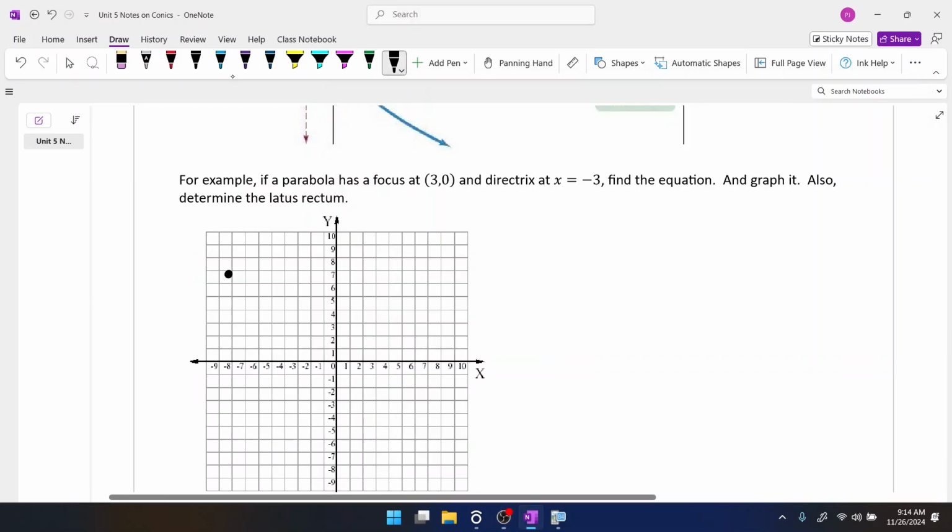Plot the focus, which is going to be at (3, 0), and you're going to have a directrix at x equals -3. So this is what I like to call a parabola on its side, so to speak. So the equation is going to be, is it going to be of the form x squared or y squared? It's going to be of the form y squared. So, do we have a value for p?